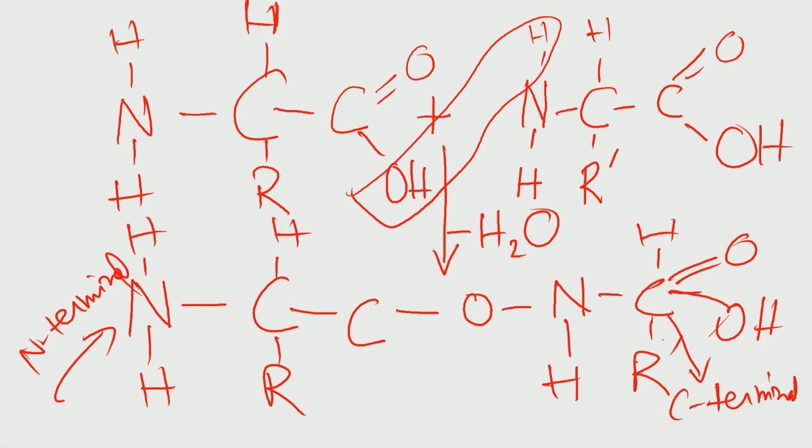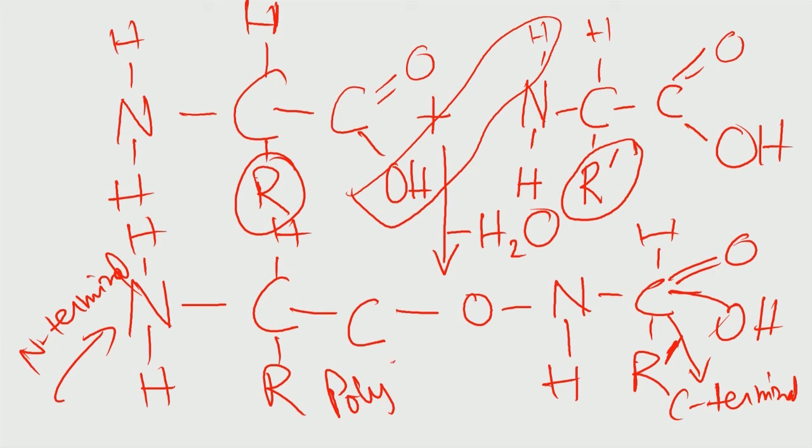Now, another thing you must have noticed here: the two amino acids are different simply because R or R prime are different, and the way these R and R prime are arranged forms the amino acid sequence in a polypeptide molecule.